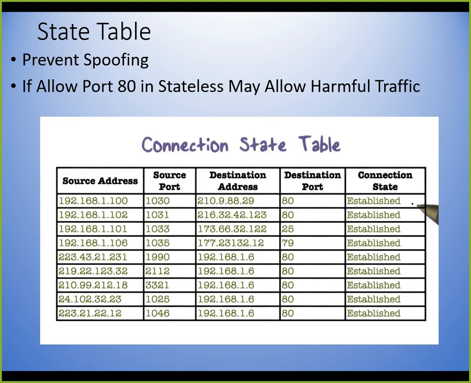If we allow port 80 in a stateless firewall, we may get harmful traffic in. And a lot of the attacks now are starting to come across or through or with HTTP or HTTPS, preferably HTTPS, because it's going to be encrypted. If it's encrypted, we can't read it because we don't have the encryption key.